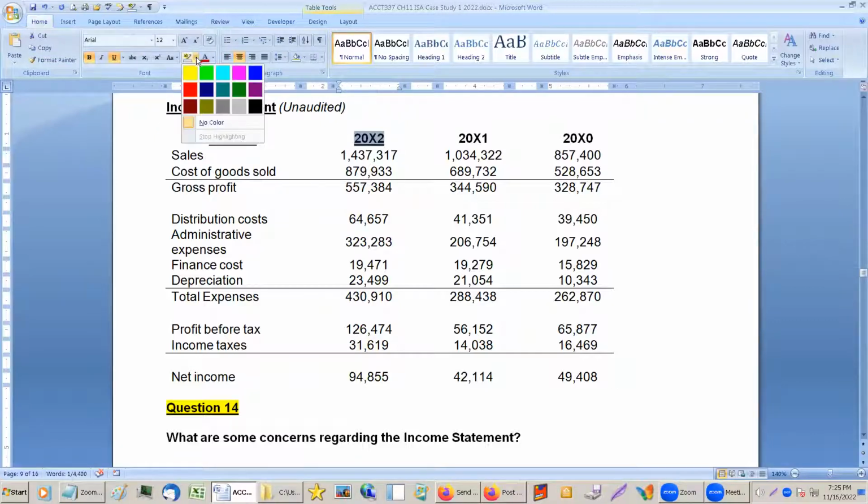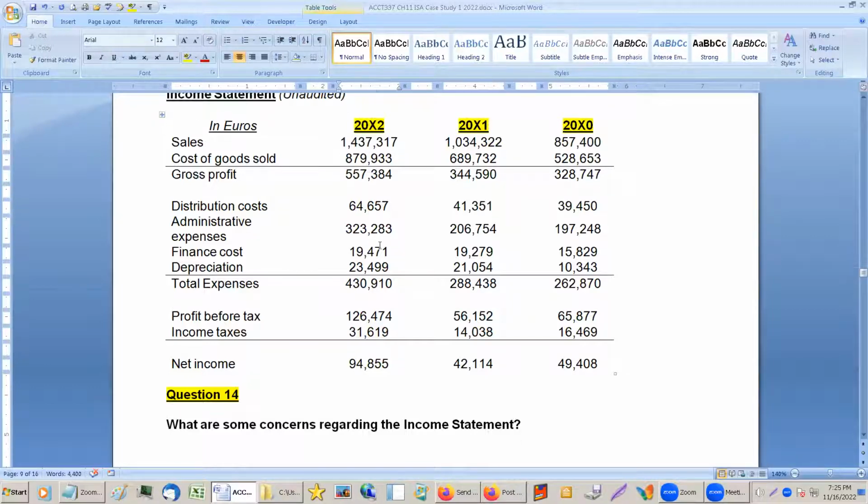These are the years here. So 2 years ago, these are their sales. 1 year ago, those are their sales. You get the idea. All right. What would raise your concern looking at this income statement?